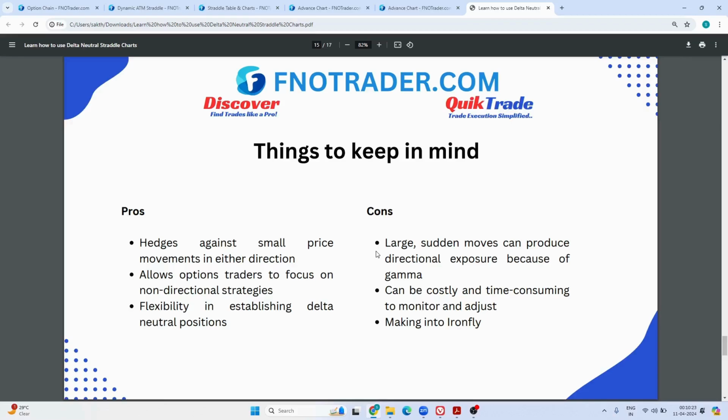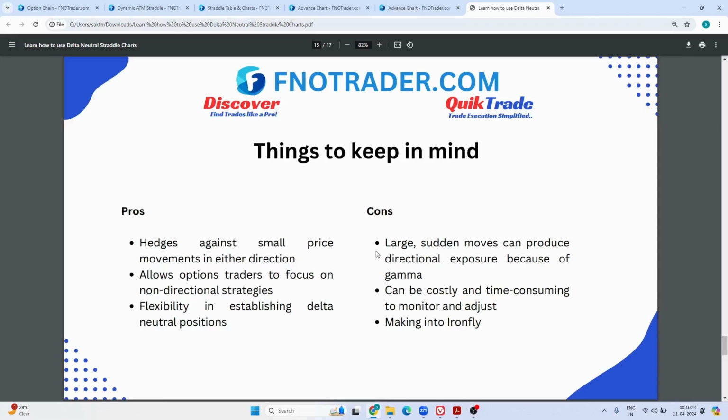So what are the cons? A large sudden move can produce a directional exposure because of gamma. Think about it. Whenever the ATM strike has the delta of 0.5, when price moves immediately higher or lower, then what happens?